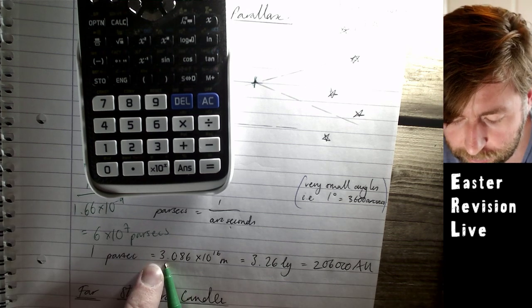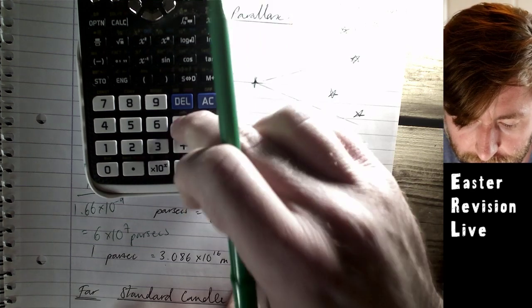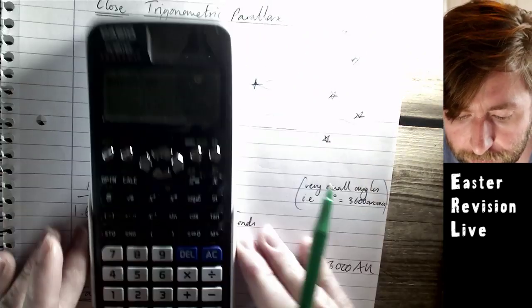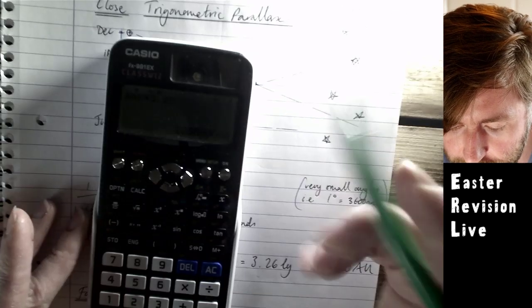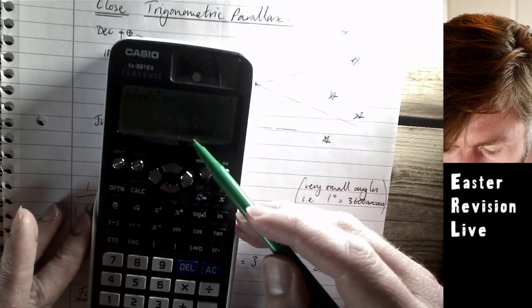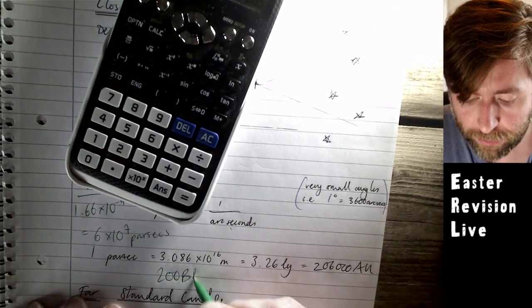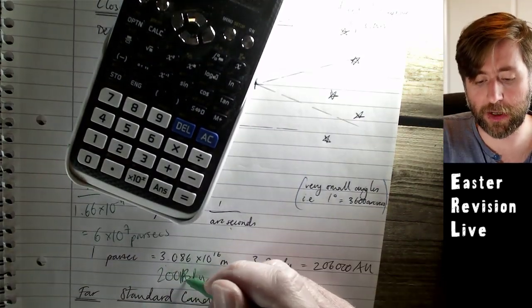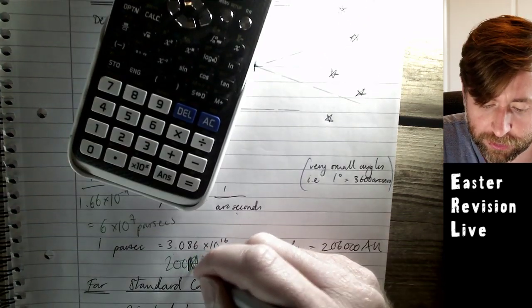And that many parsecs is that many light years. 200 million light years away, 200 mega light years, if you like. Okay, that's just some maths that I wasn't thinking of doing.